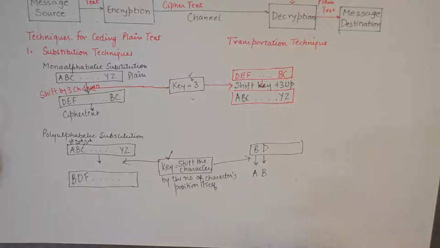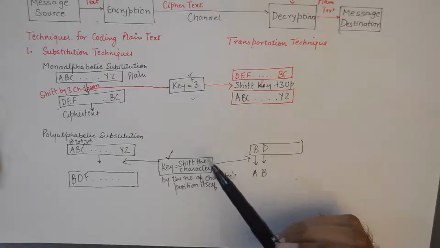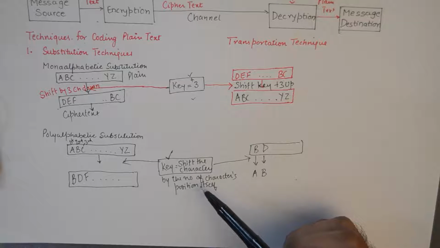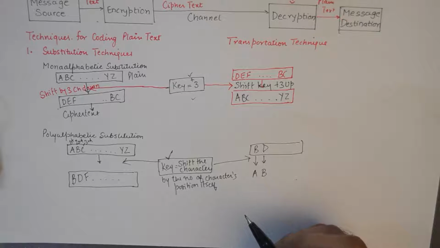So that is how the polyalphabetic substitution technique takes place. But as you can see, this is one method of coding the plain text, because no matter how complicated the key becomes, the character is substituted by some other character in its own set itself.